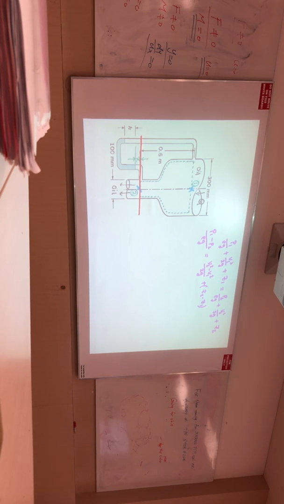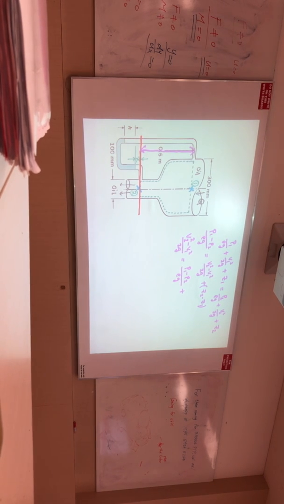Then I can write V2 square minus V1 square by 2G is equivalent to, tell me, P1 minus P2 by rho G plus Z1 minus Z2, which is 0.6.